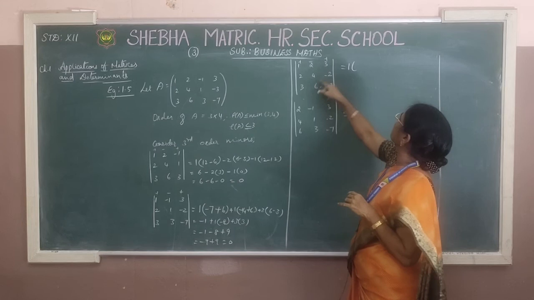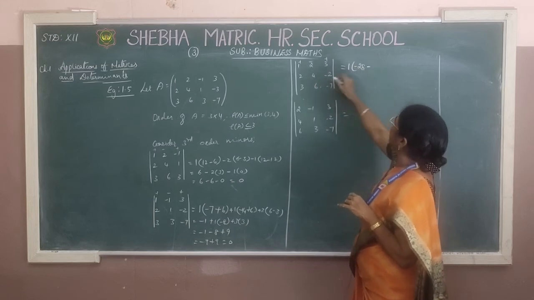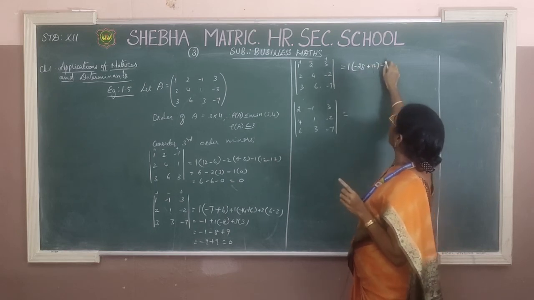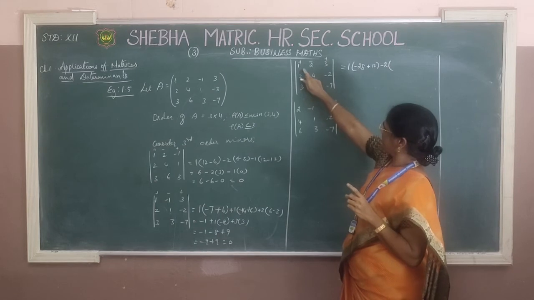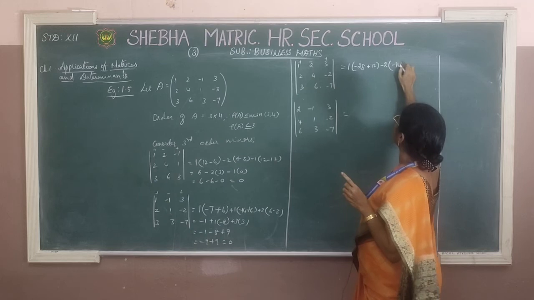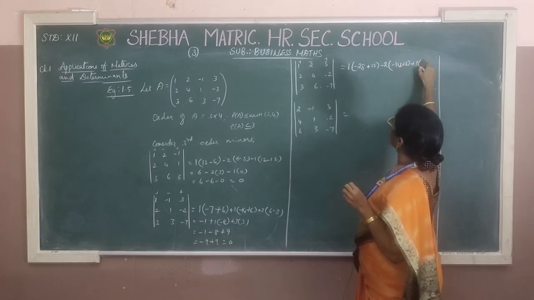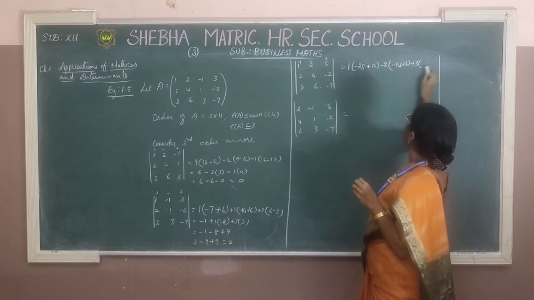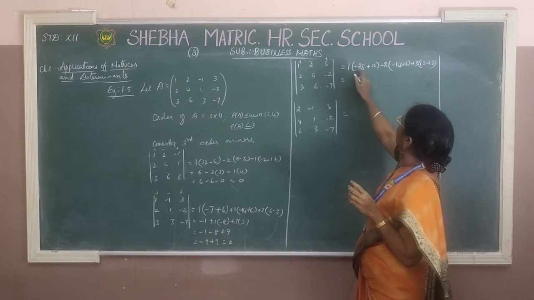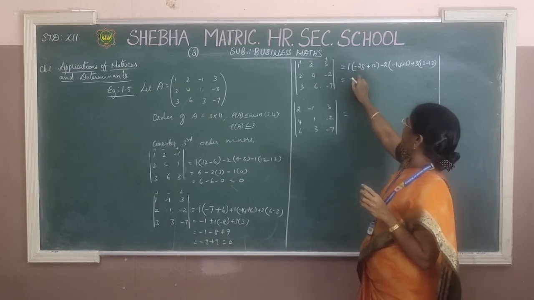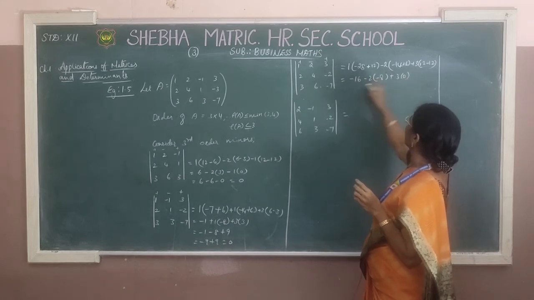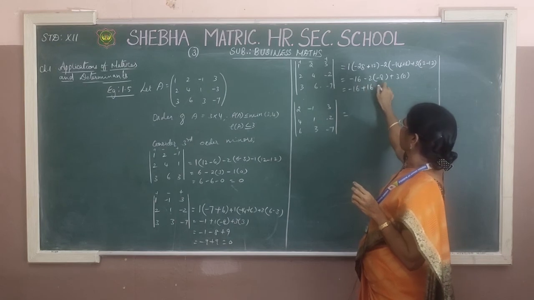So 7 4s are 28 minus 6 2s are 12, so it will become plus 12, and then minus 2 into, leaving these 2 we get minus 14 and this is plus 6, plus 3 into, leaving these two, we get 6 2s are 12 minus 12. So we get 1 into, minus 28 plus 12 is minus 16, minus 2 into minus 8, plus 3 into 0. So we get minus 16 plus 16, again we get 0.